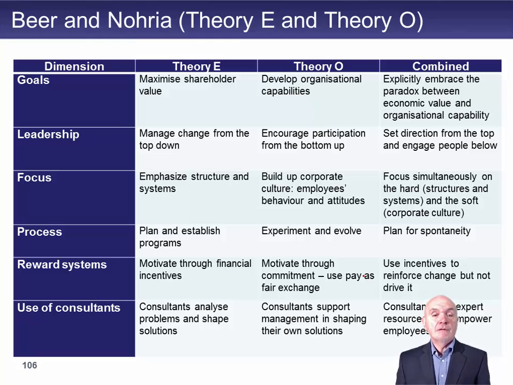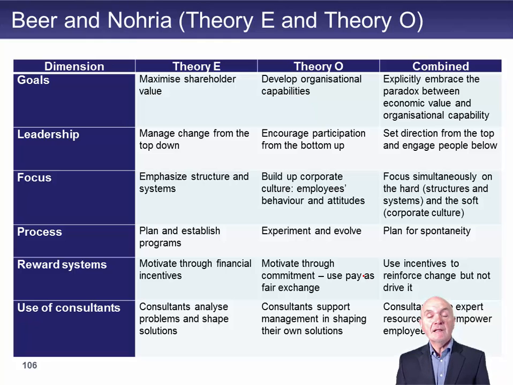So here, if we look at the goal that people are seeking under these methods, under Theory E, the economic theory, the goal is to maximize shareholder value, maximize profits, maximize share price. Under Theory O, it is to maximize the capabilities of the organization, I suppose in the belief that long term this is going to maximize shareholder value. Theory E is a bit shorter term maximization of shareholder value.